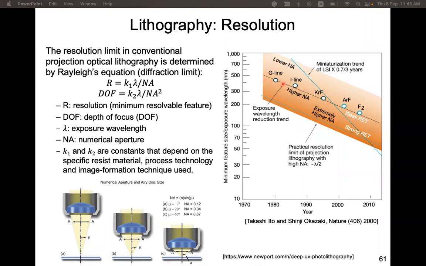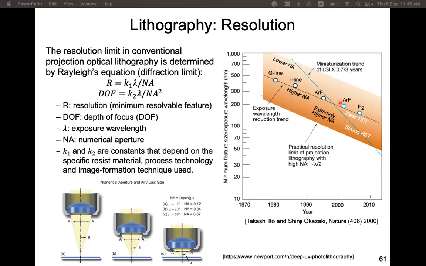So these are the laser technologies and the corresponding wavelengths of the laser light. This one is the current popular one. It has a wavelength of 193 nanometer, close to 200. This is the dominant laser technology today.